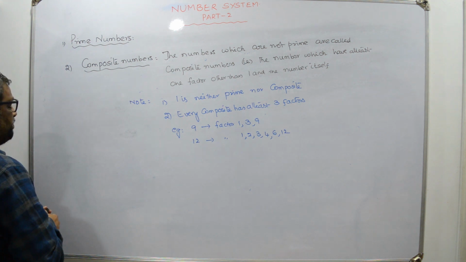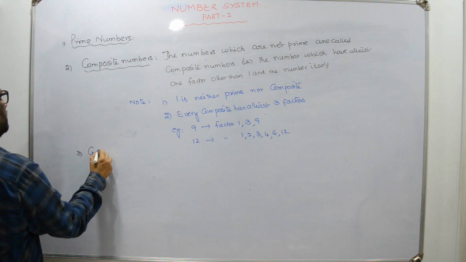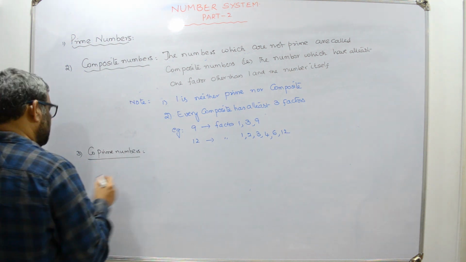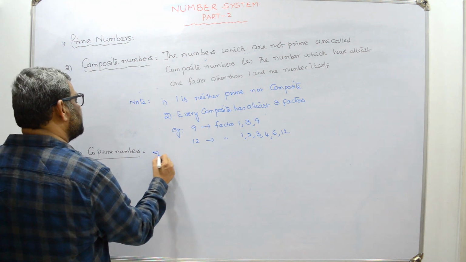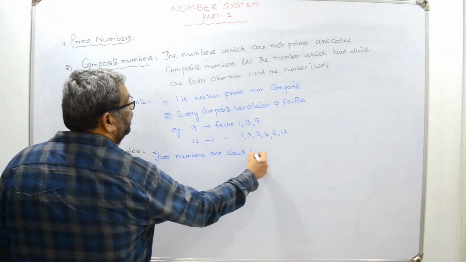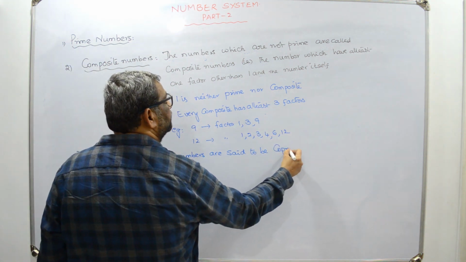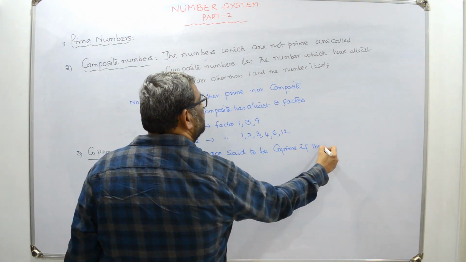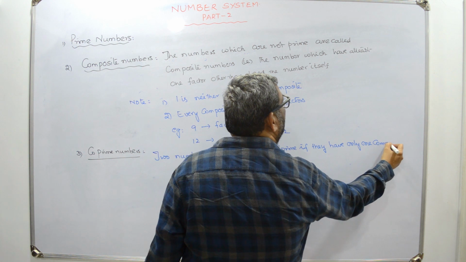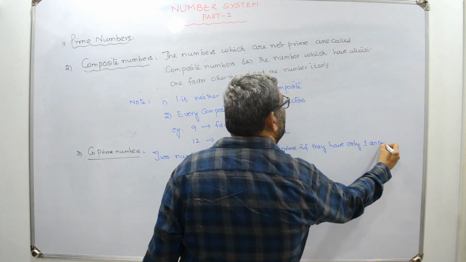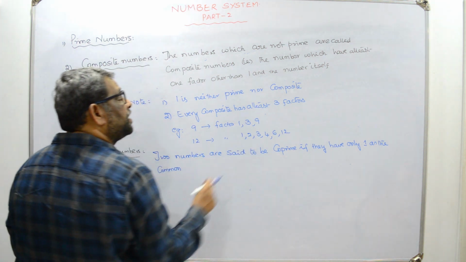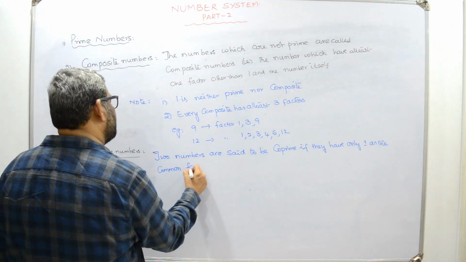I will discuss the co-prime numbers. Two numbers are said to be co-prime if they have only one as the common factor.